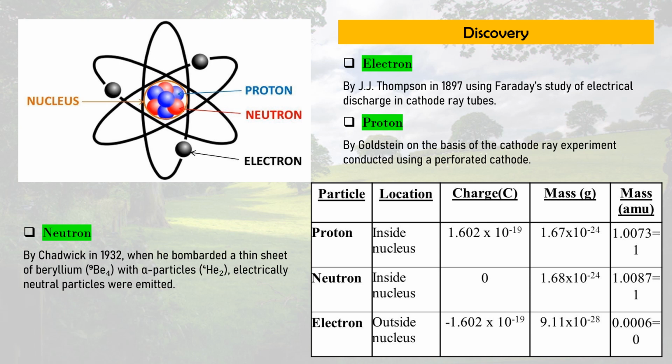The charge of a proton is plus 1.602 into 10 to the minus 19 coulomb, the neutron has zero charge, and the electron is minus 1.602 into 10 to the minus 19 coulomb. And here we can see the masses also. The heaviest one is the neutron.